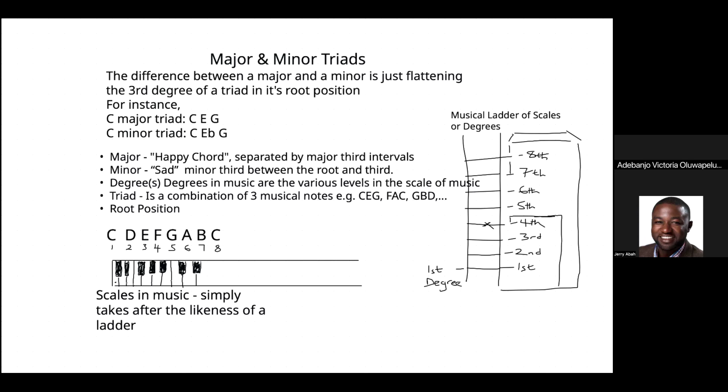Yes, sir. Okay. Just try to follow along, because that knowledge will be very, very useful in what I'm trying to explain here. So this is do, right? The first note on the keyboard.